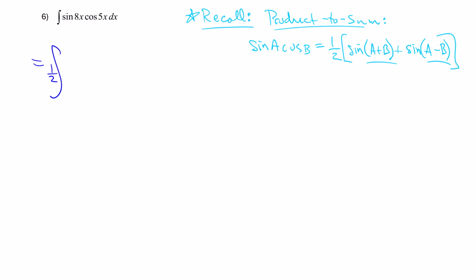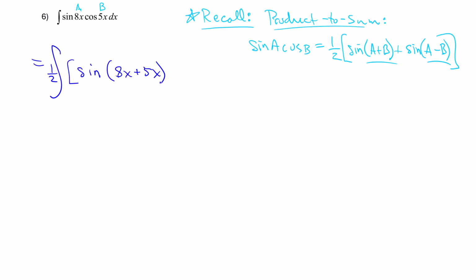And then we have in brackets, now in this integral, sine of. Now, in this case, for the identity, it was A plus B. Well, A, as we've designated this, is like the 8x, and B is like the 5x in this problem. And so A plus B would be 8x plus 5x. I'll write that out in detail for now, just so it's clear.